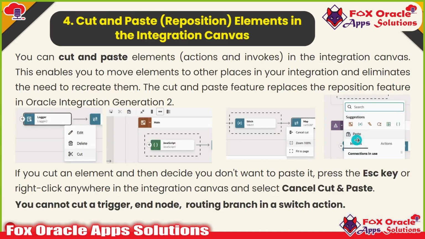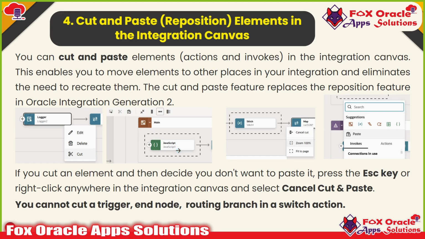When we are talking about cut and paste, we have the option to do it for a specific endpoint or a specific element. For example, a data stage, a JavaScript call, or a logger are all individual endpoints or elements, and we can do cut and paste for each of them.